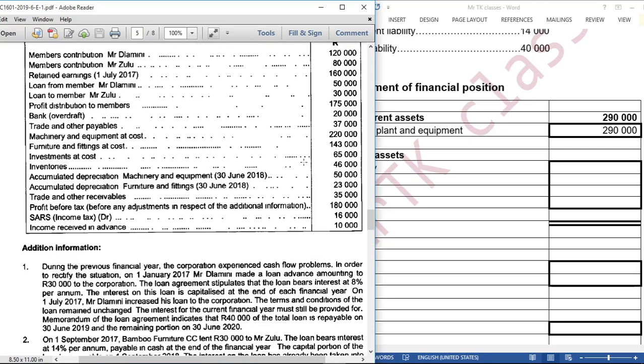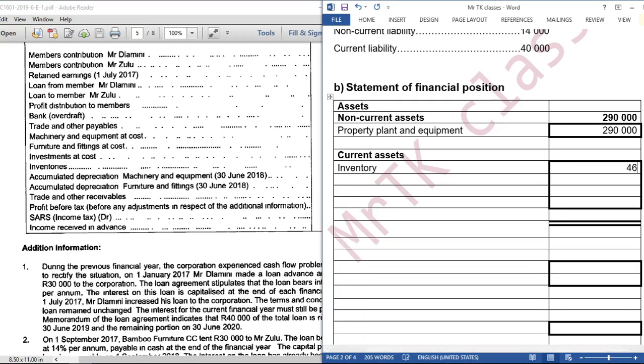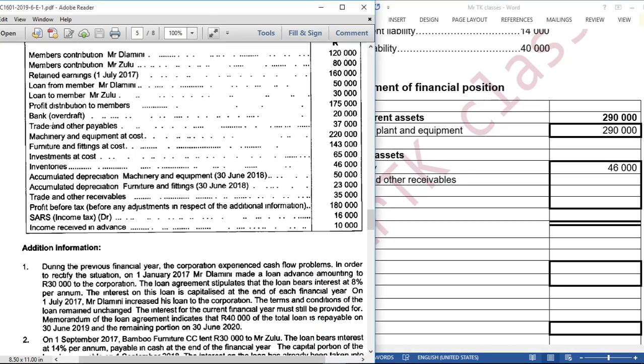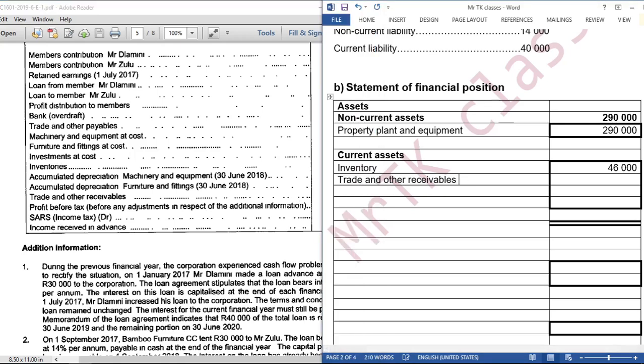Inventory, okay, 46,000. Then trade and other receivables. Where can we find this? Trade and other receivables, 35,000. We have an adjustment there.